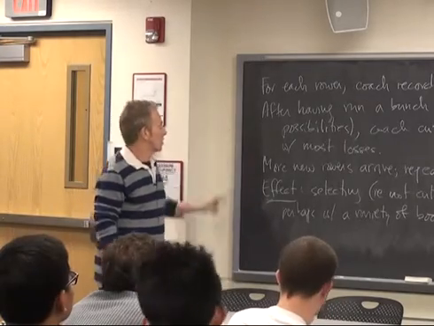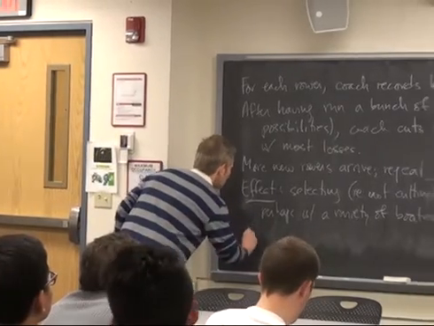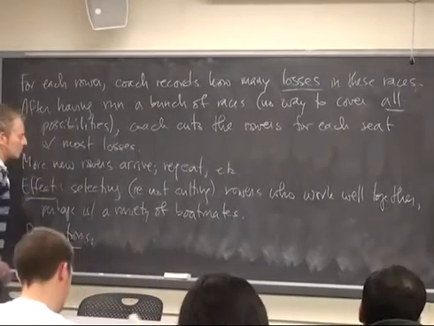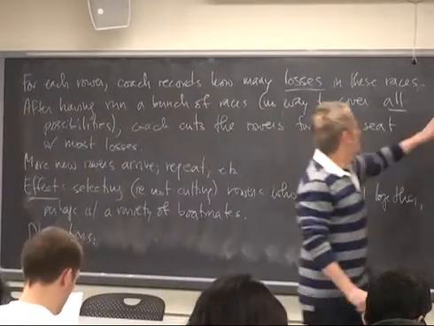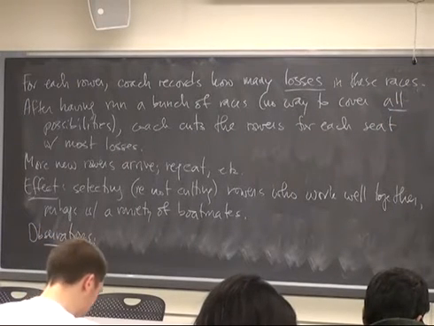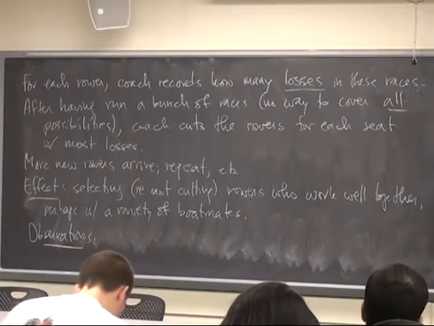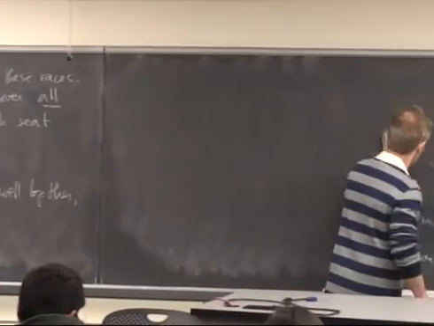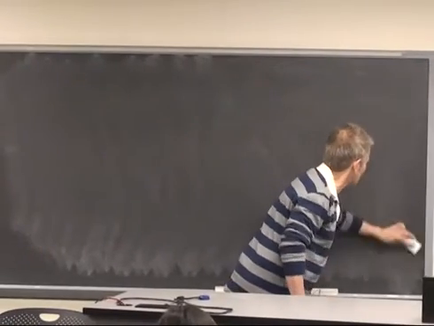Now, there's 2 things I want to note here. So 2 important observations. First of all, there's no linear ordering necessarily on all possible boats, the set of all possible phenotypes.